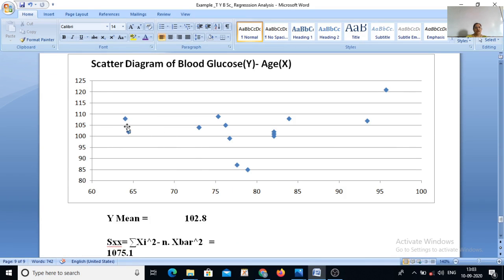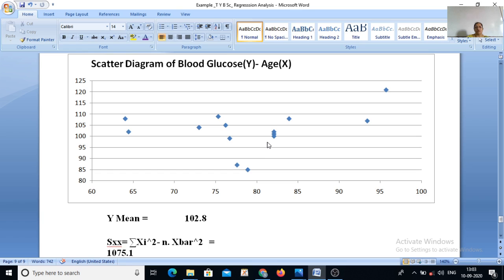Now here you can see the data is not exactly like what we have seen in the first two examples. If you try to find the value of r square, the coefficient of determination, look at that value and tell me the conclusion. Similarly, try to test the significance of beta 1.